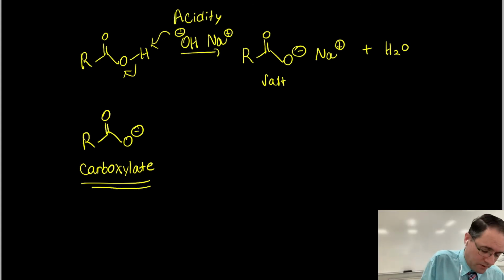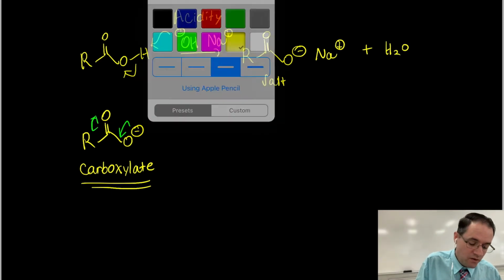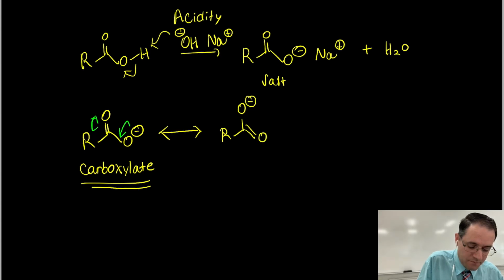And so this is resonance stabilized. The resonance structure is something we call equivalent in terms of types and number of bonds. So it's particularly stable, and so the resonance stabilization of carboxylates is extremely strong.